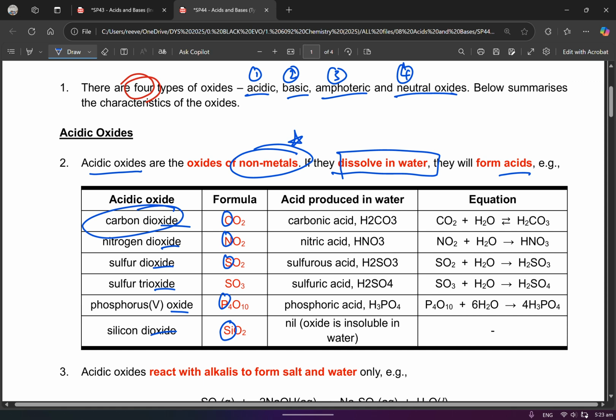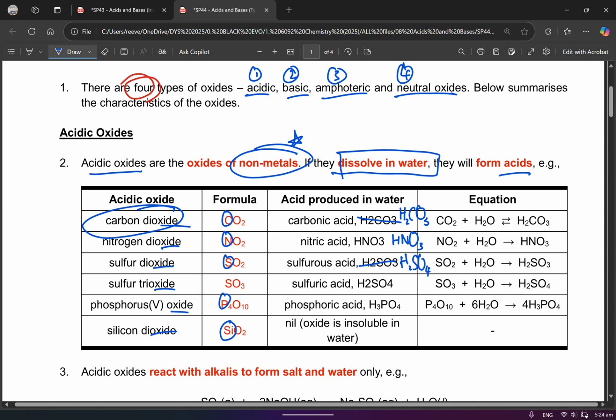So very easy. I see a non-metal oxide, it is acidic. All this now, you help me change the formula. I forgot to put subscripts. The formula is H2CO3, HNO3. The numbers are all small numbers, okay? H2SO4, and so on and so forth.